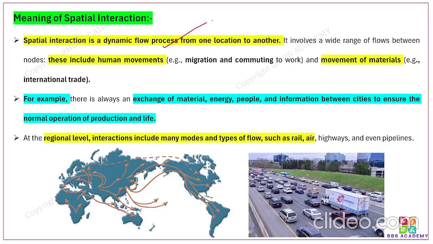For example, human movement from one place to another, and the movement of materials from one country to another country, are examples of spatial interaction. Also, international trade or inter-country trade are all spatial interaction. Regional level interaction includes many modes, that's railway, air, highway, etc. These are the basic concepts of spatial interaction.